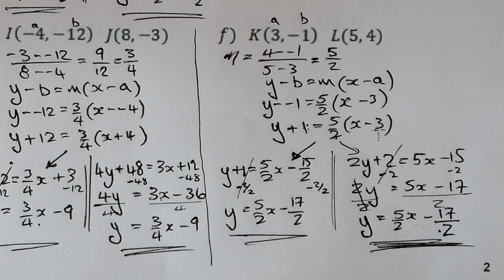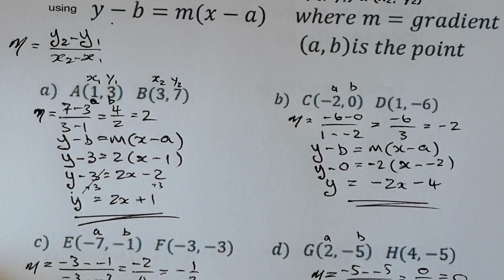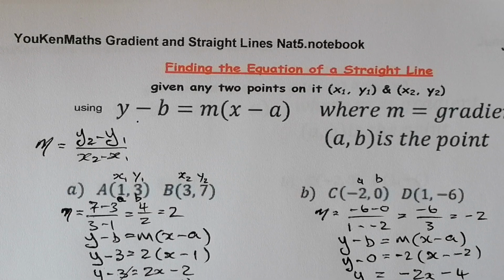So an alternative formula to use, the same questions as I used the last time, I'll give you some work to try and use the formula, which is y minus b is equal to m times x minus a. Okay then, so that's me finished for this part of the straight line topic.